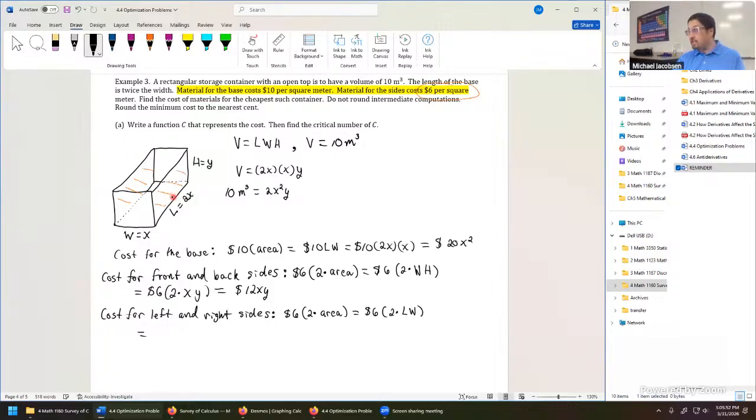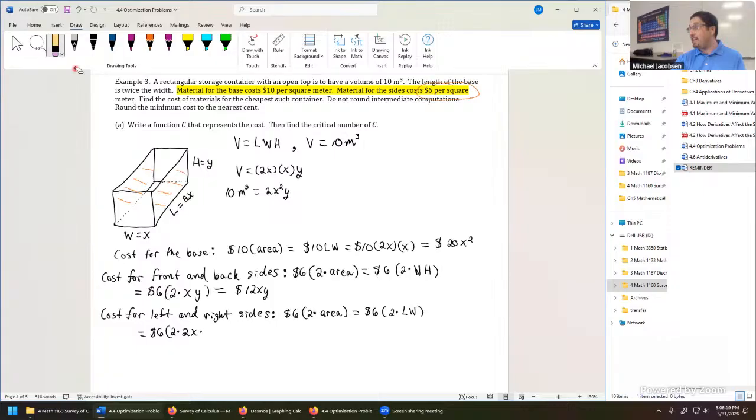So that means it's going to be altogether, let's substitute in the values, $6, 2 times. In place of L, we have 2x. Times in place of W, or hang on, that doesn't look quite right. Let me backtrack on that. Sorry for the distraction on this one. When I said L times W, that's the base again. I got distracted, I suppose.